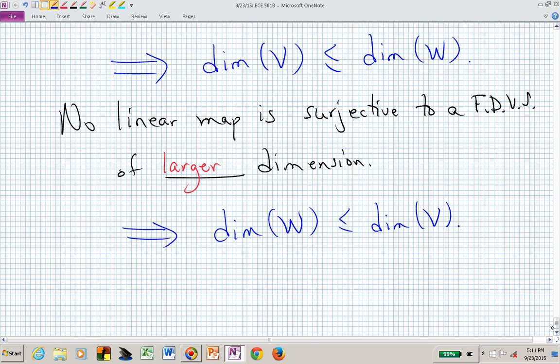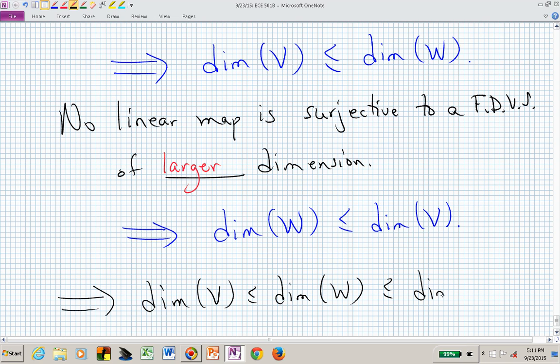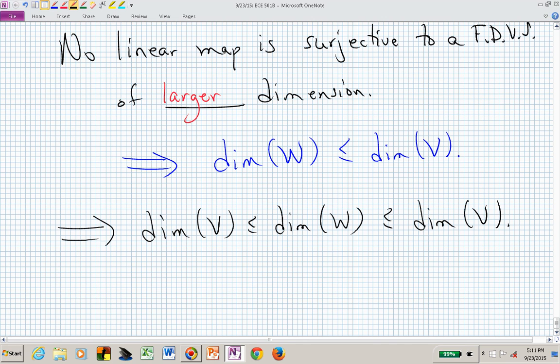All right, now let's just order those appropriately. Let's say that we start with the first one. The dimension of V is less than or equal to the dimension of W, but the second relationship said that the dimension of W was less than or equal to the dimension of V. What's that saying? Now we've squeezed the dimension of W against the dimension of V. They have to be the same.